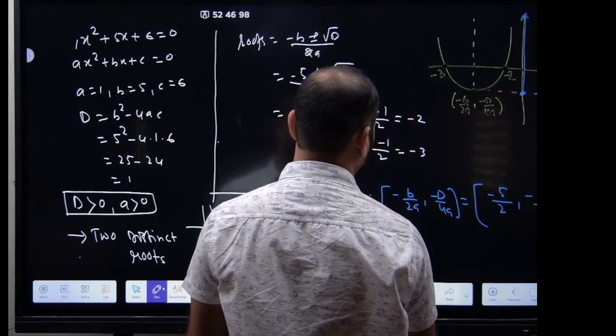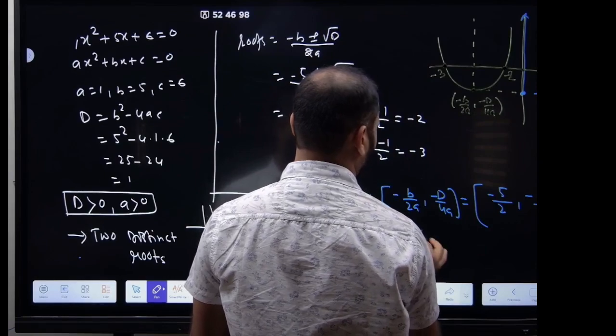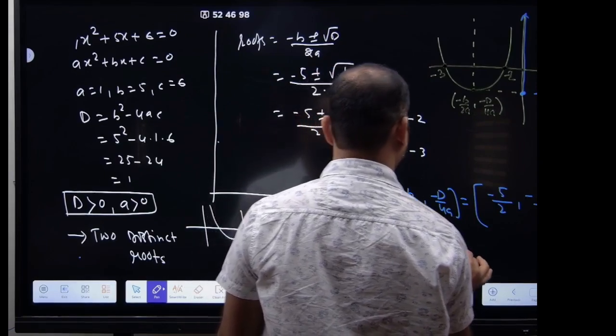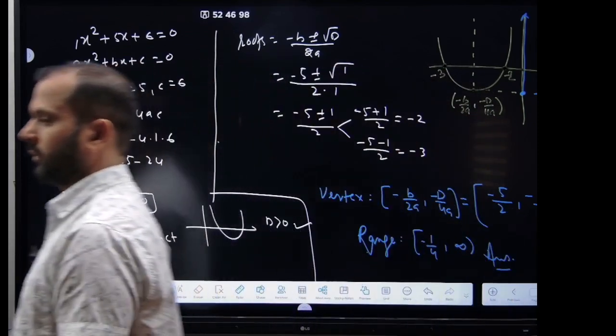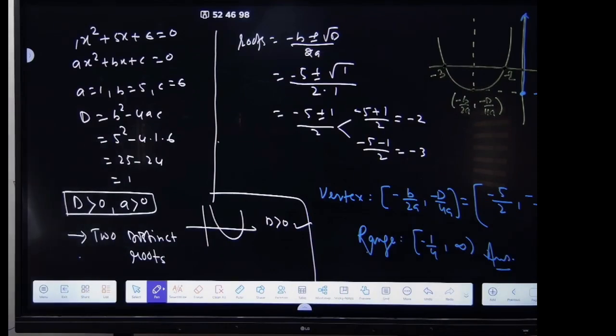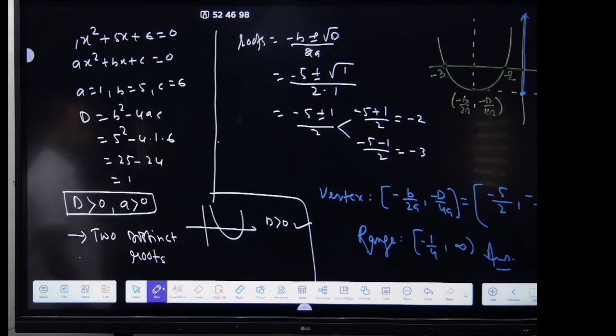So the range of this will be minus 1 by 4 to plus infinity. This is the answer. I hope you are getting it. Minus 1 by 4 to plus infinity is correct. Done?